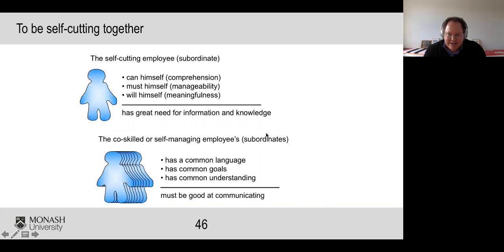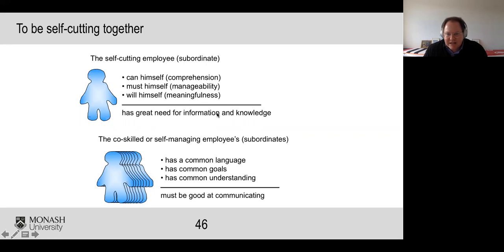So to maybe explain this a little bit. Depending on your organization, if you have a self-acting team member or employee, and here in a subordinate leadership theory, where you are project manager and you have the people that are contracted or that basically carry out your elements, then they must themselves have comprehension, must themselves have manageability, so must correspond, and will themselves have meaningfulness.